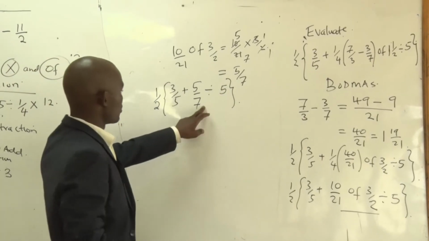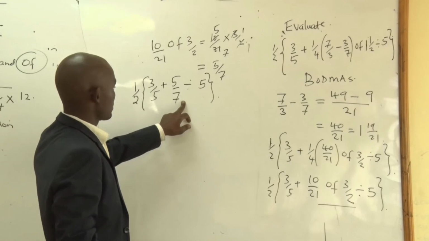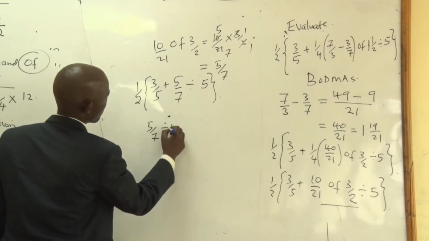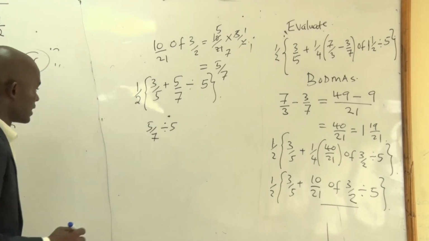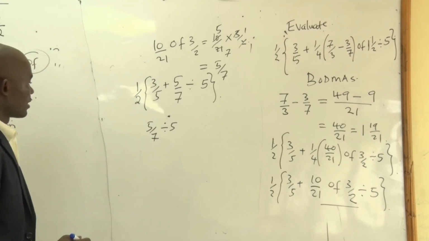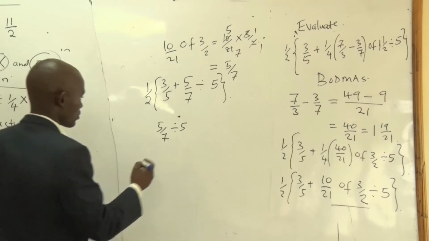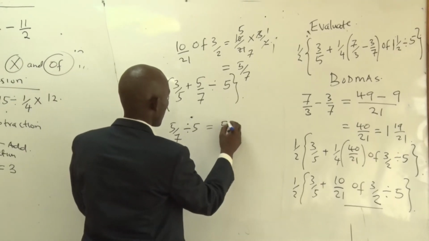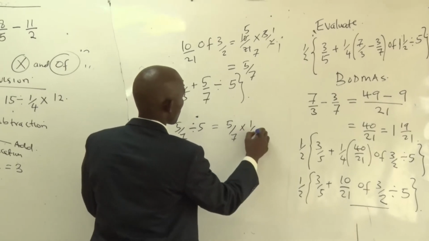After you reach there, we now use division, the next step. So 5 over 7 divided by 5: when you are dividing, you can use multiplication by interchanging, so that you have 5 over 7 times 1 over 5.